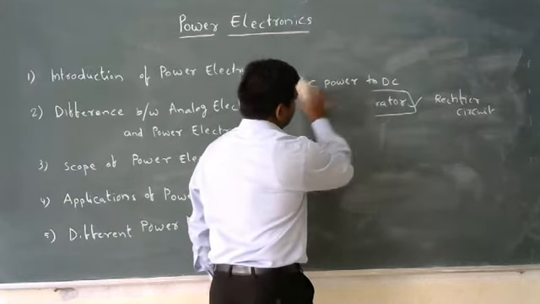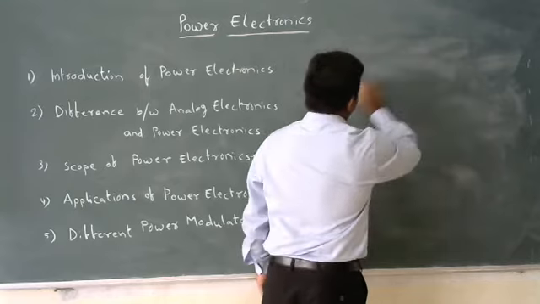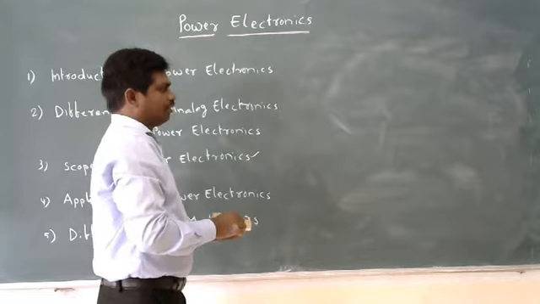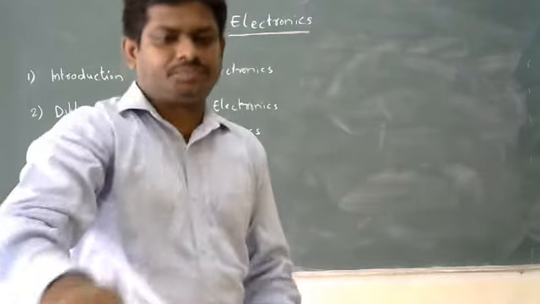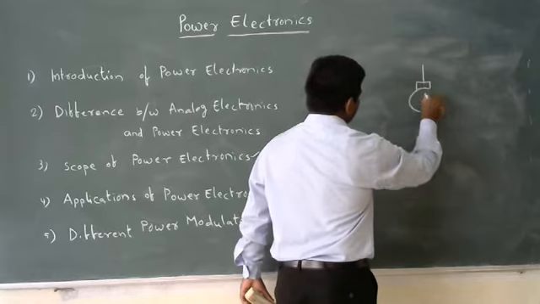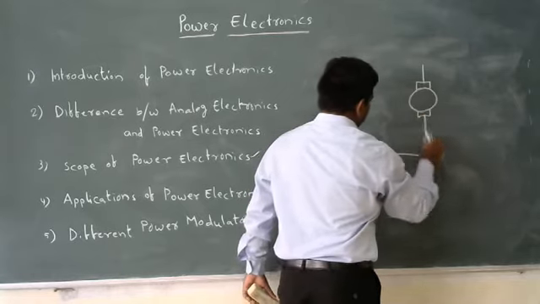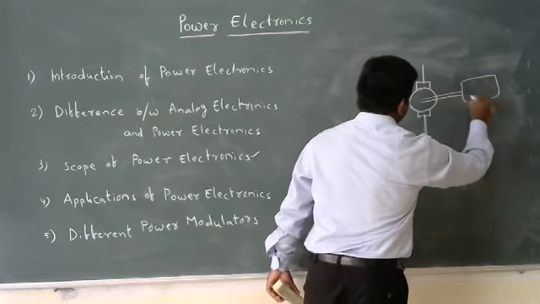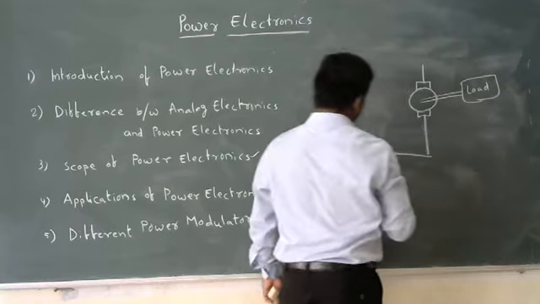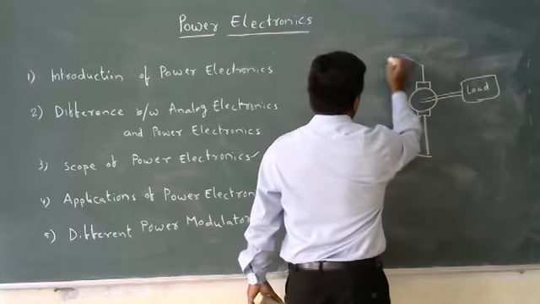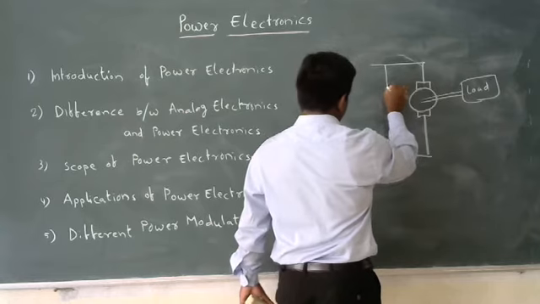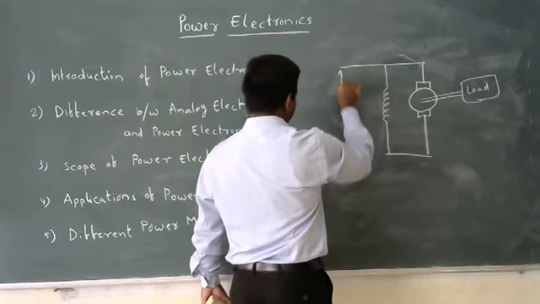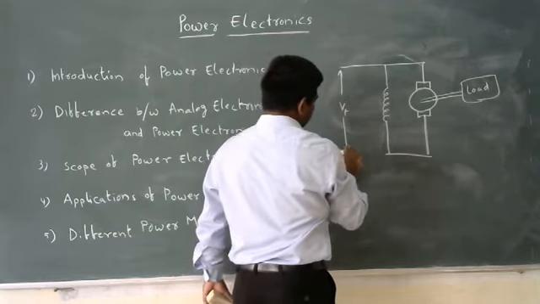Suppose in many industries, DC motors are used for feeding mechanical power, the mechanical output, to different loads. Take one DC motor, and from this we are getting output, and there we are connecting one load. Let us take one DC shunt motor, and we are feeding the terminal voltage.